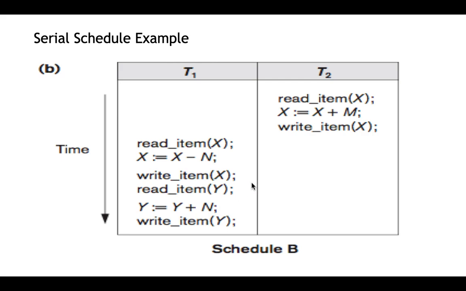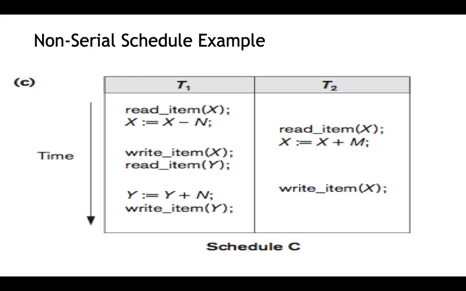Now let's see what we mean by a non-serial schedule. We had seen in the beginning of the module that transactions occur in an interleaved or concurrent fashion, that we have no control over. So two transactions can occur in an interleaved fashion.